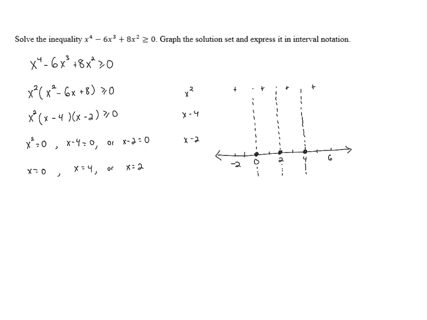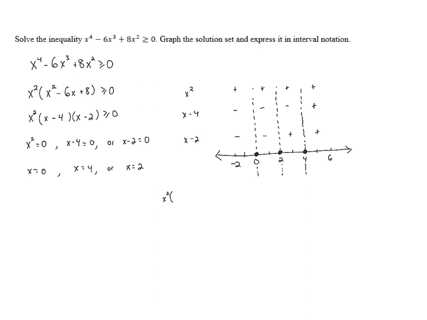x minus 4 is going to be positive so long as x is greater than 4, and negative in all the other situations. And x minus 2 is going to be positive so long as x is greater than 2, and negative in the other situations.